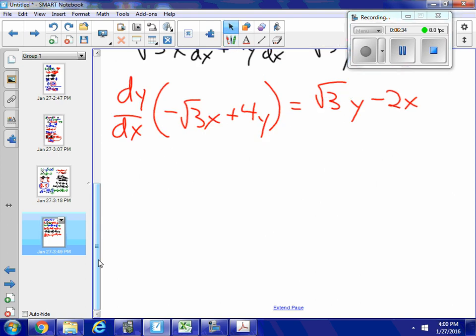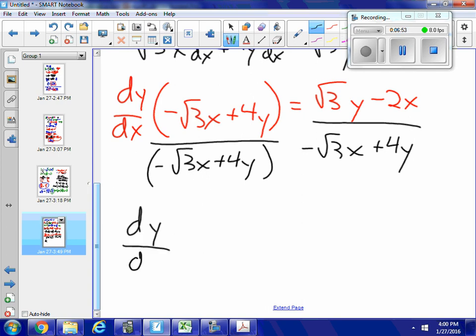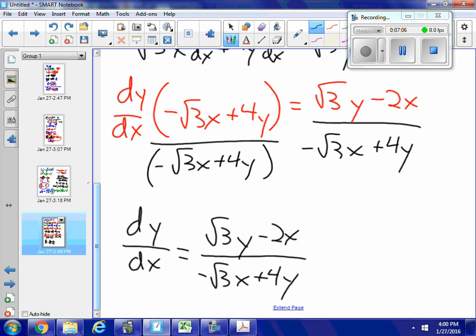Let's divide both sides by negative radical 3x plus 4y. I have the derivative of y with respect to x is equal to radical 3y minus 2x divided by negative radical 3x plus 4y.